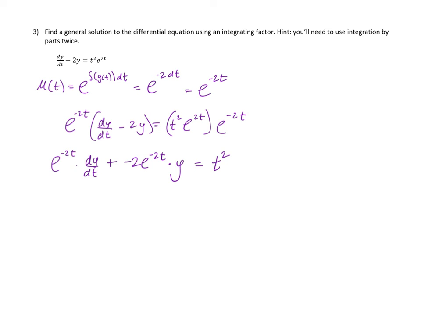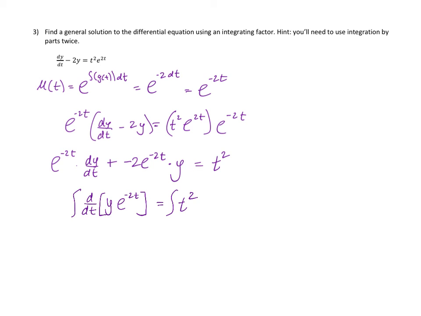Okay, now I have to recognize the product rule on the left. So it looks like my functions are e to the negative 2t and y. So this is d/dt of y e to the negative 2t equals t squared. And then integrate both sides.